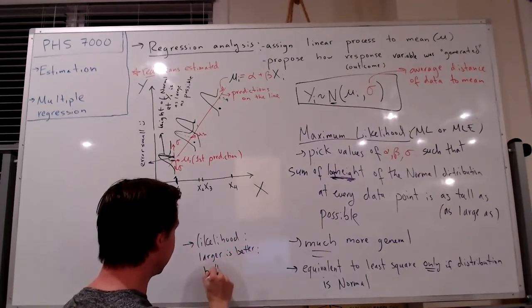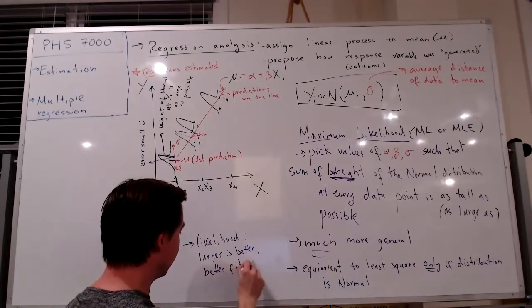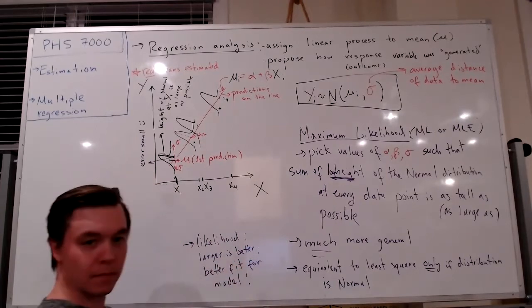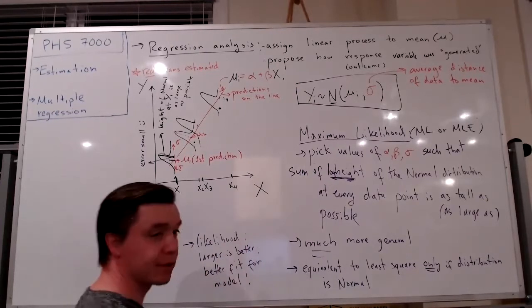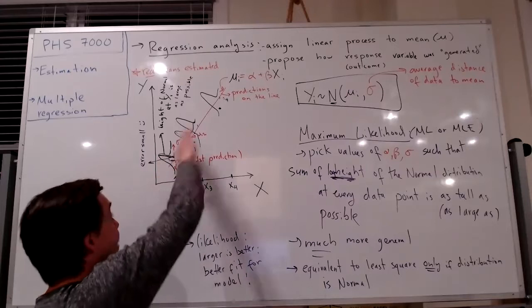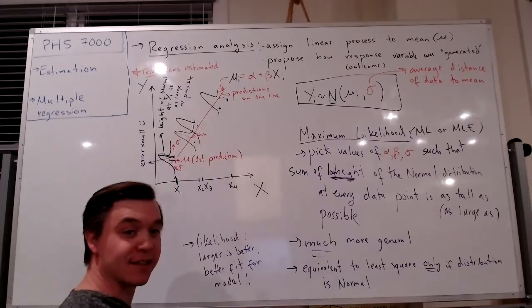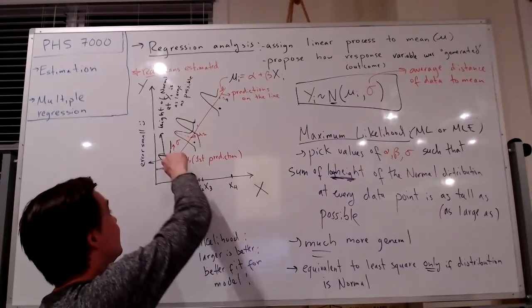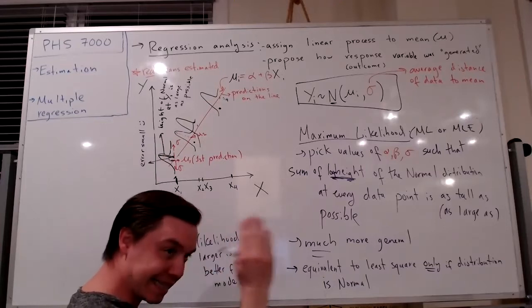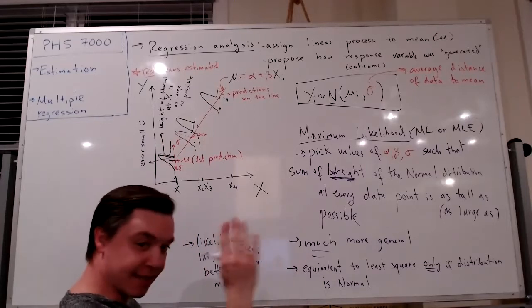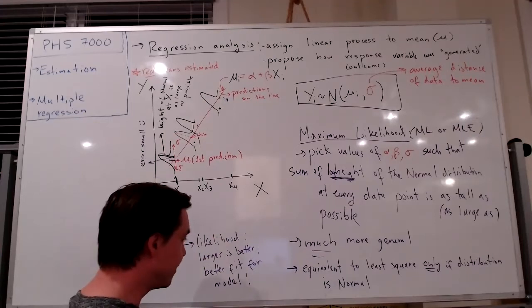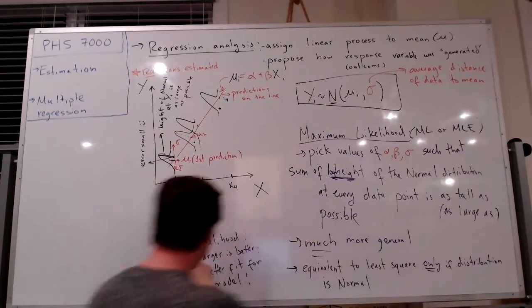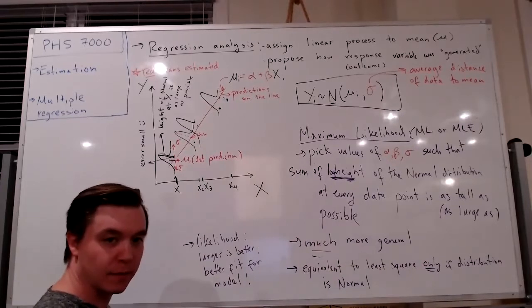Better fit for the model. For the maximum likelihood estimation, larger is better because our best fit line is closer to the data because the data has a higher height at that particular location. This brings me to the next point. Okay, for the likelihood, larger is better.